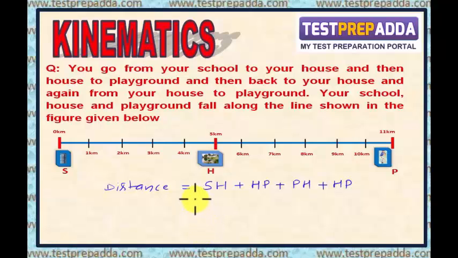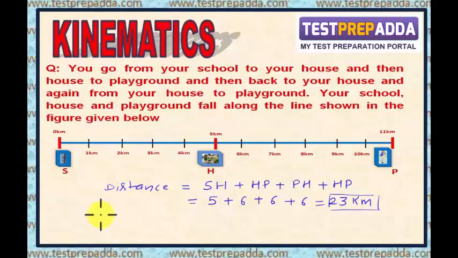Got the idea? So it will be 5 plus 6 plus 6 plus 6, and the addition comes as 23. So the distance traveled by you is 23 kilometers.